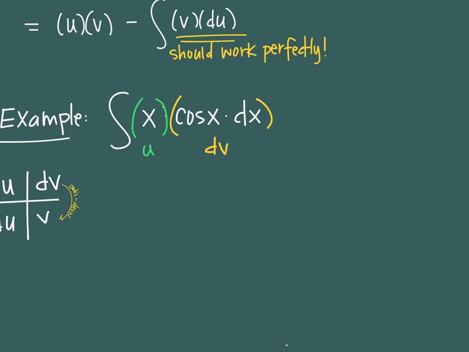All right, so let's set this up. I'm going to choose my u to be x. That means everything else gets chosen to be my dv. So if my u was chosen to be x, what's the derivative of that?